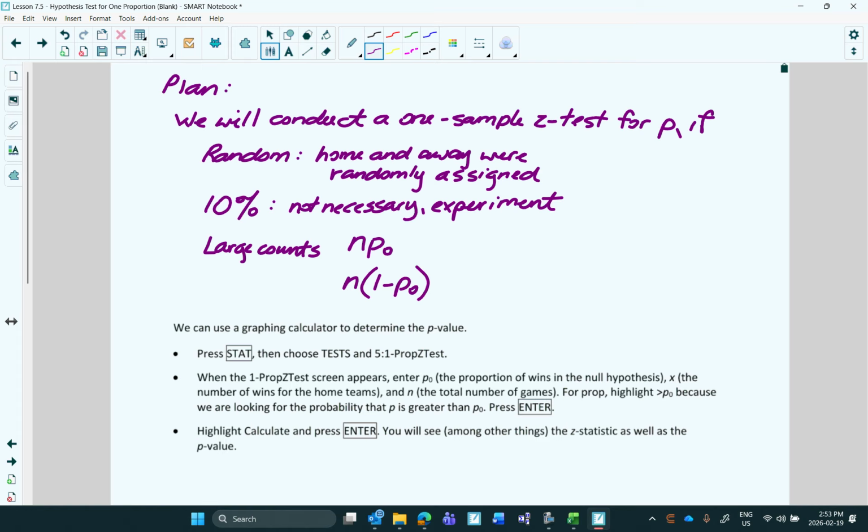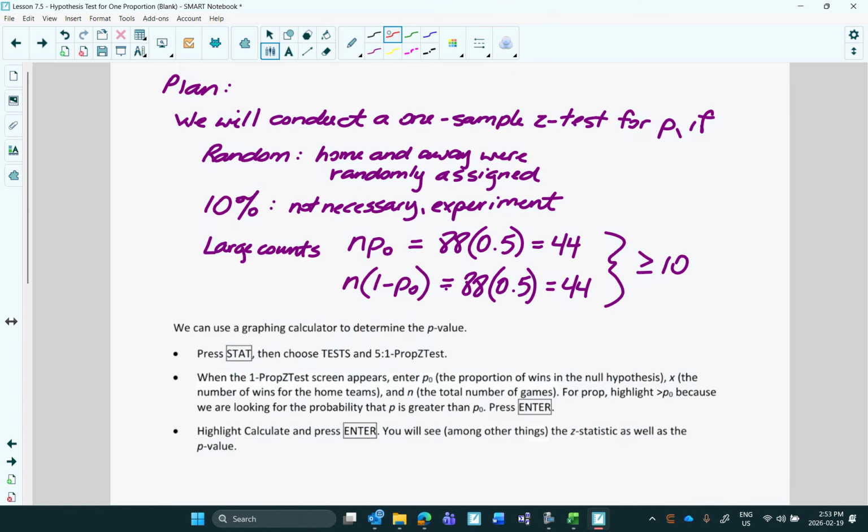But we don't have a sample proportion. We have a null value that we're working with. So this is 88. And remember, null value is 0.5, so that's 44. 1 minus 0.5 is also 0.5. So it's also going to give us 44. That's good. Both of those are greater than or equal to 10. Check, check, check. That means we can proceed.